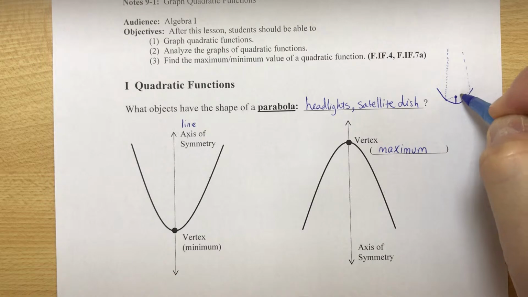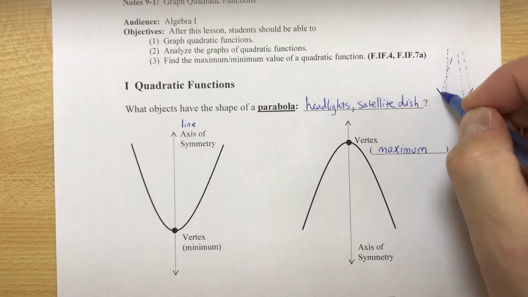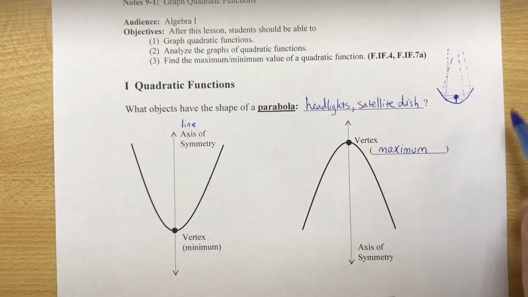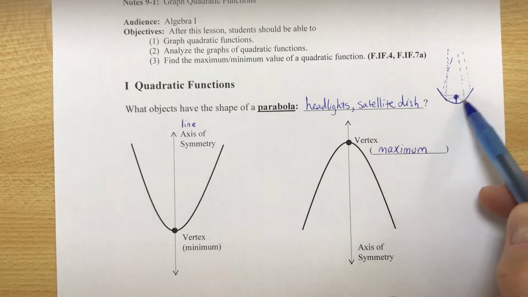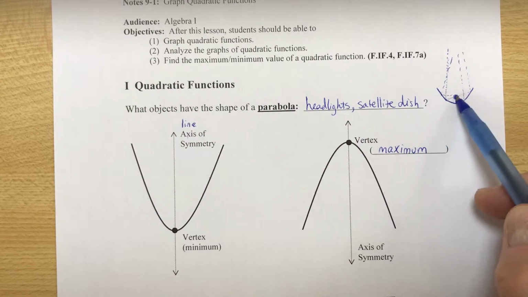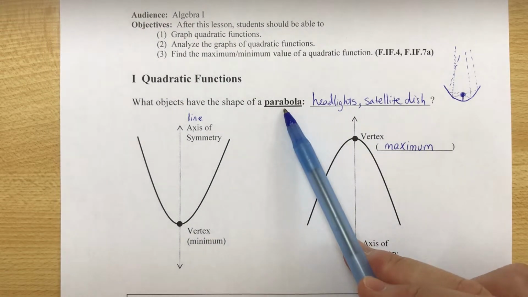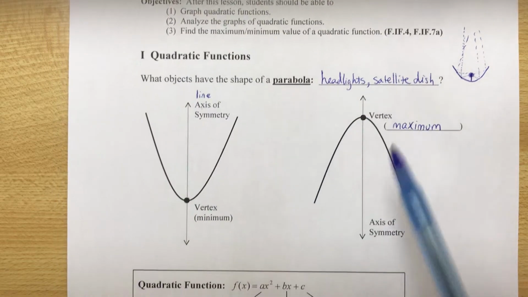No matter where it hits, because the shape is parabolic, it's always going to reflect and bounce to this one point here. And so that's another property of a parabola. So the reason satellite dishes are parabolic is because they pick up those waves and then put them into this one point right here. So anyway, there's a lot of application to parabolas, and we'll get into some of those.